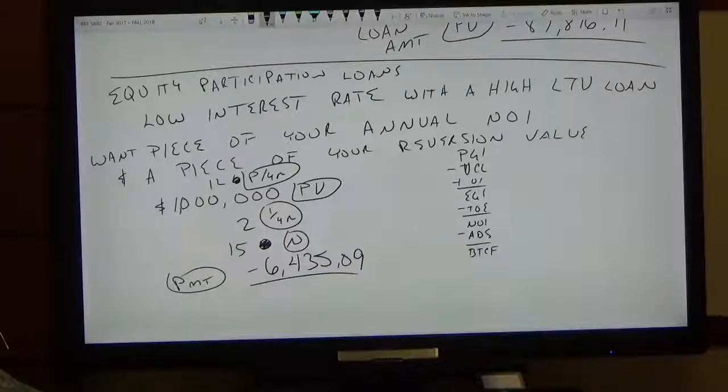So what we're saying is this number times 12 is going to be $77,221. That will be our annual debt service. Does that make sense?